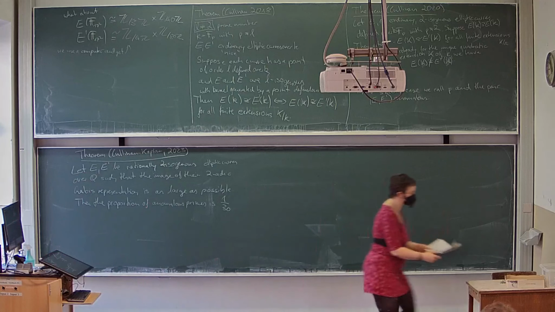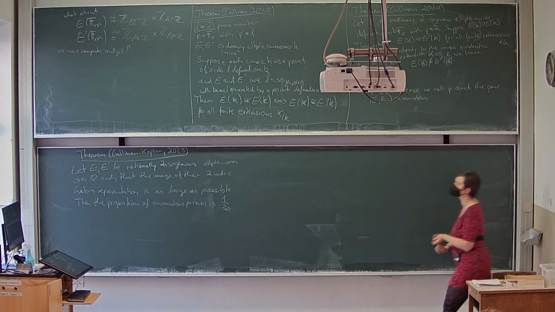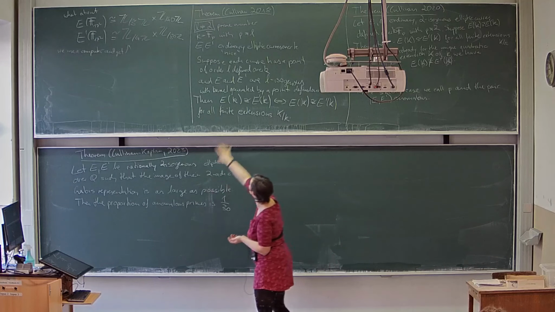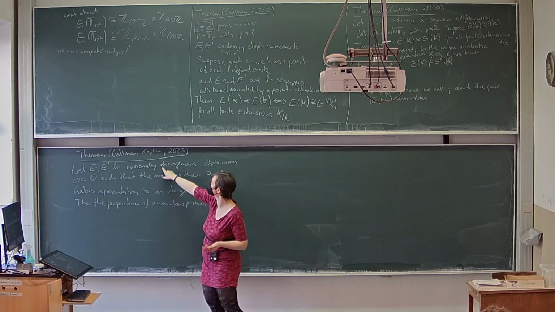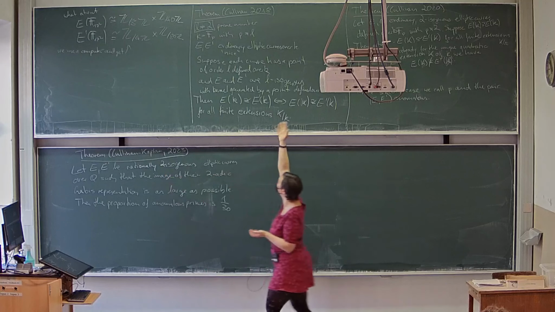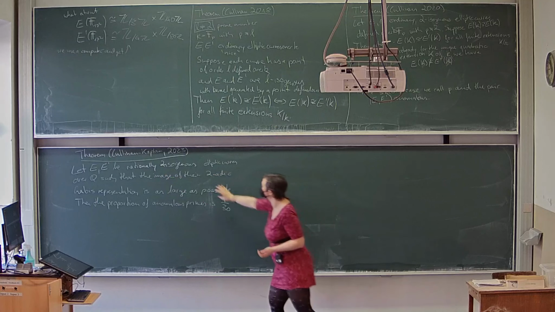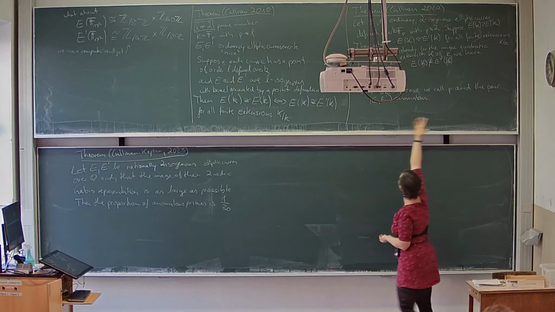And the interesting thing here is, what's the difference between this and this? The difference is that here we have l equal to 2, and there we didn't allow l equal to 2. And this is basically what comes after this thing.